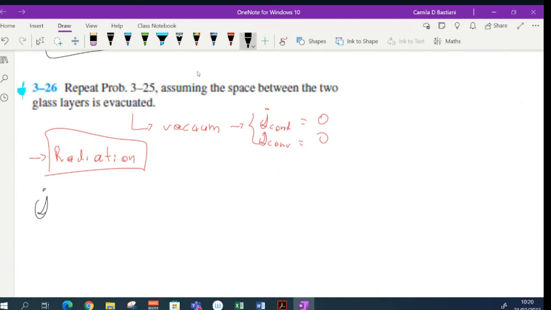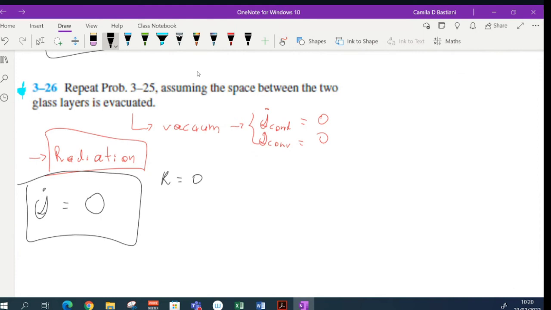Okay? That would be my answer to 3.26, that heat cannot be conducted through an evacuated space, since the thermal conductivity of vacuum is 0. So the K for vacuum is 0. So there is no medium to conduct heat. So my thermal resistance would also be 0.